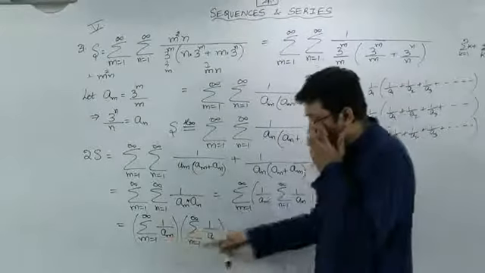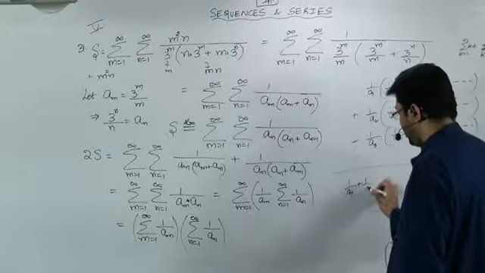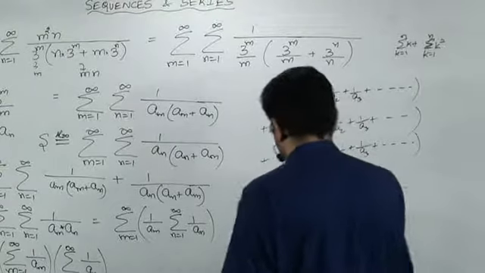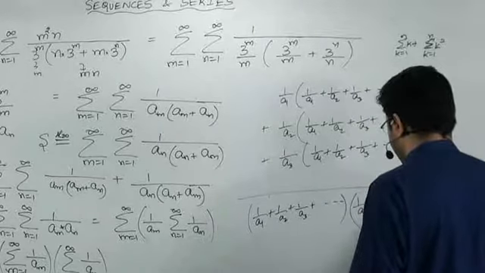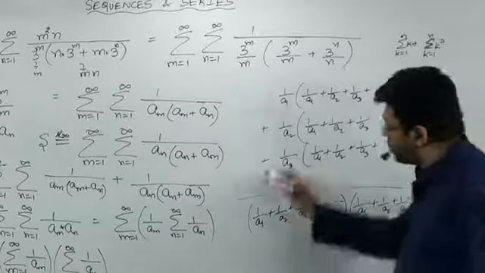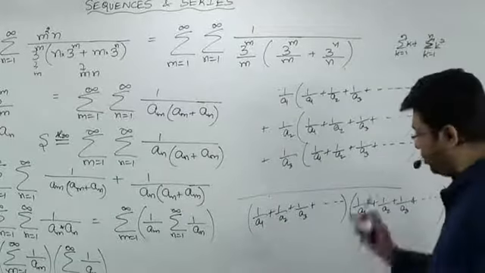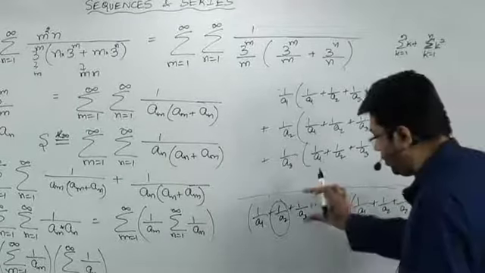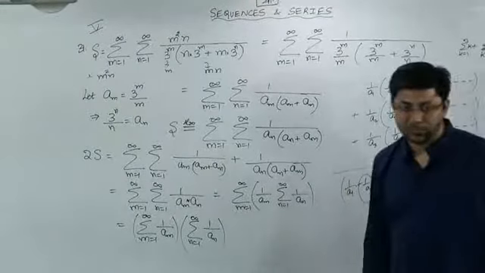Now if you write like this, it is 1 by a1 times this plus 1 by a2 times all of this plus 1 by a3 times all of this. So these two are equivalent now.